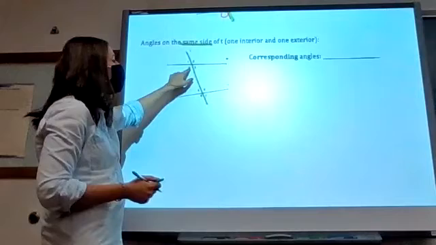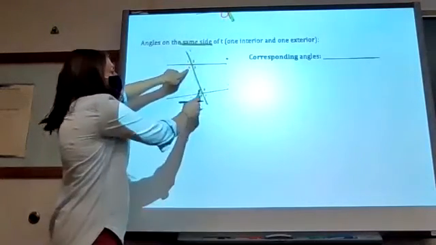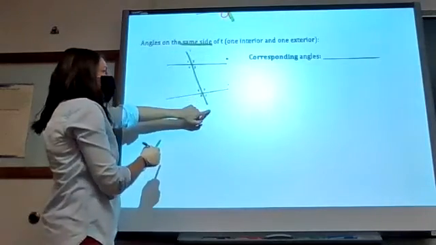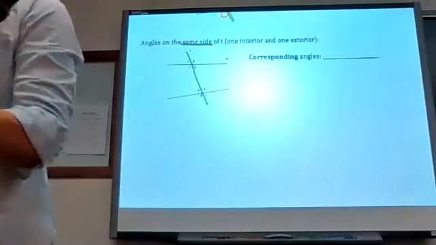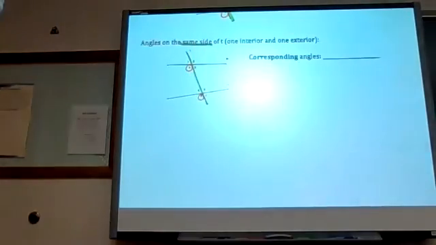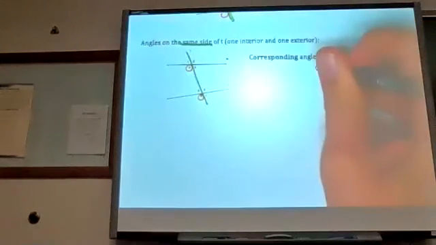When I'm saying one interior and one exterior, I mean I'm taking the interior from here and the exterior from this side, okay? So on the same side of T, there are going to be many examples of corresponding angles here. We could have 4 and 8.